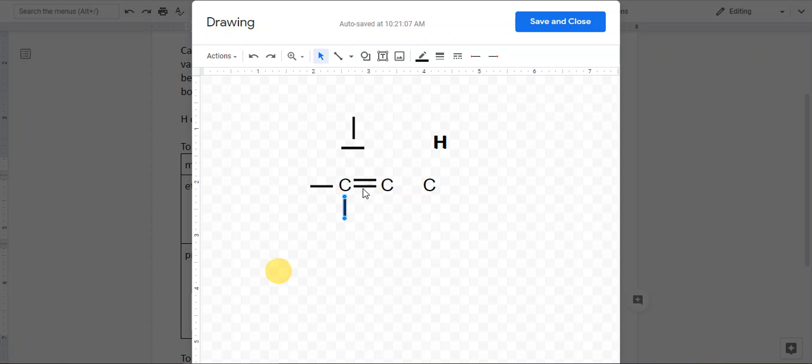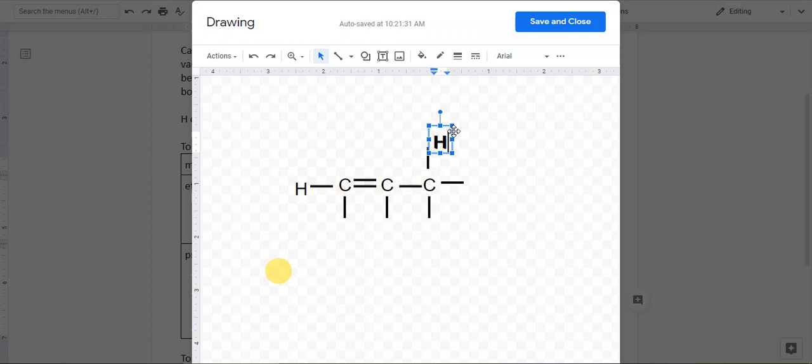Then I'm just going to fill everything else in so that all of the carbons get 4 bonds. So there's 1, 2, 3, 4 for that first carbon. The second carbon, if I connect all of these, has 1, 2, 3. Oh, that needs one more, 4. This carbon on the end only has 1 bond, so I need 2, 3, 4. Now, on all of the other ends of these bonds, I'm just going to fill them in with hydrogens.